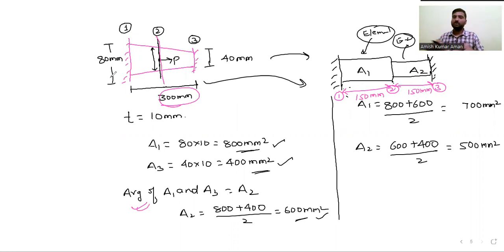Whatever the conventional problem we are going to solve, that is easy for analysis. This typical problem is now converted into a conventional problem. And now you can see this problem is equivalent to the problem that we have discussed. I think you won't get any problem while solving this.